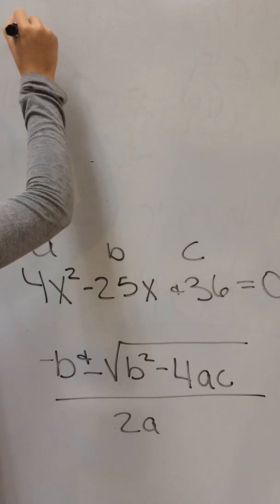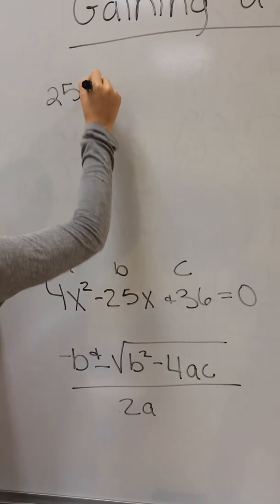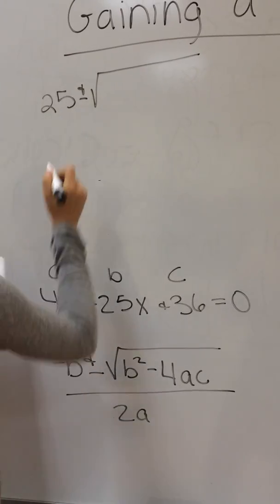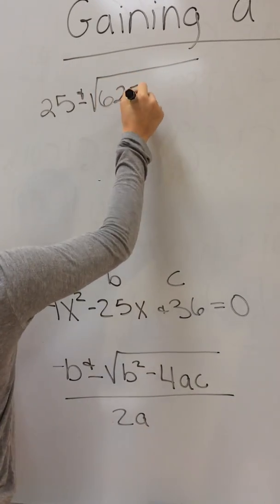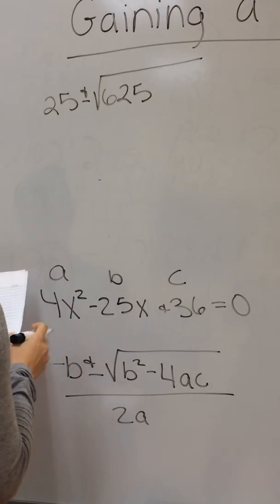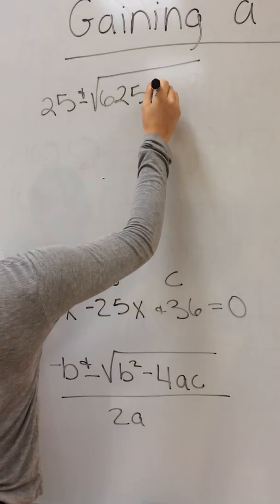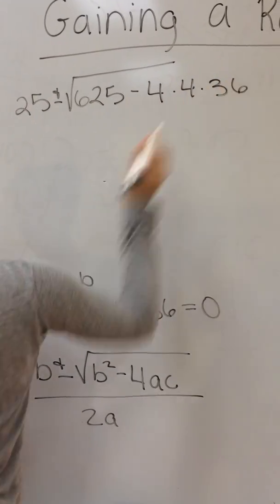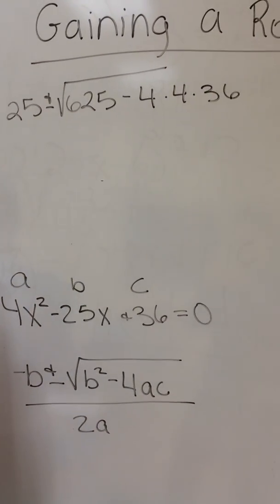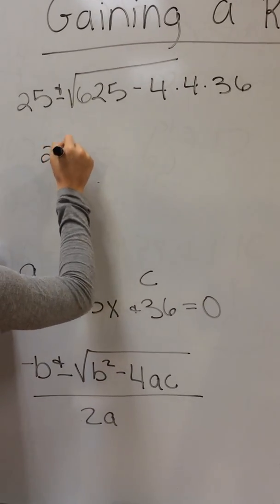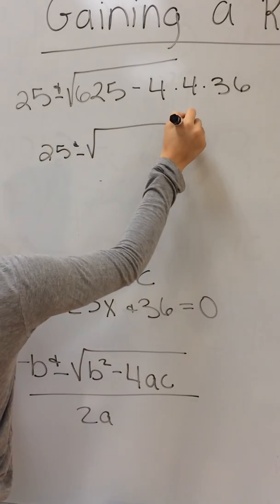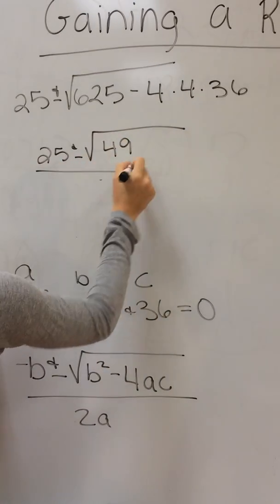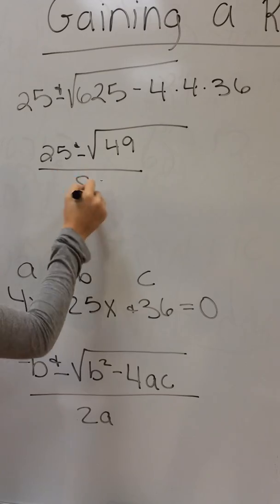So negative b is 25 plus or minus radical b squared, so negative 25 squared is 625, minus 4ac, which is minus 4 times 36, which gives us 25 plus or minus radical 49 over 2a. 2a is 8.